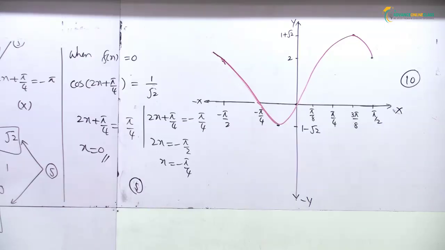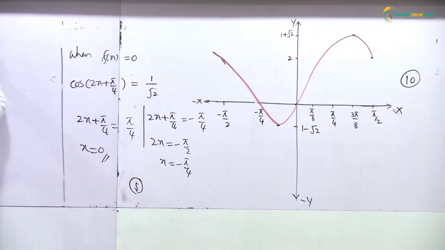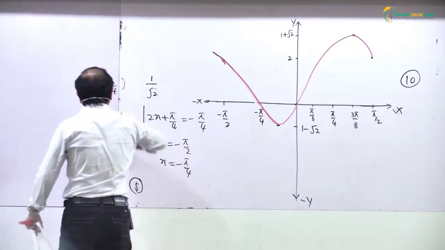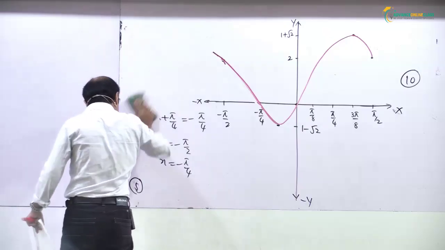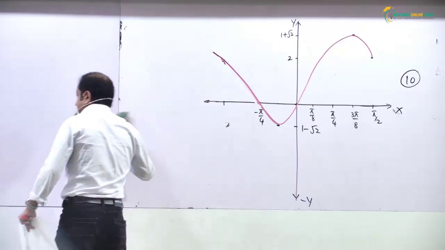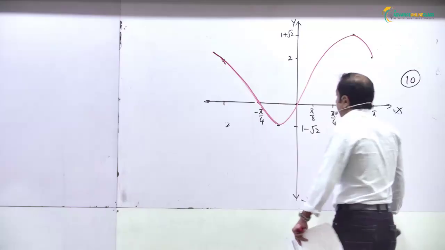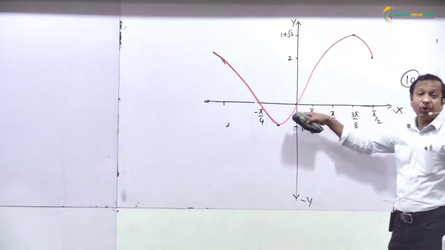Okay, next one, related to acceleration. People, when you draw a trigonometric graph, these all points we must find.